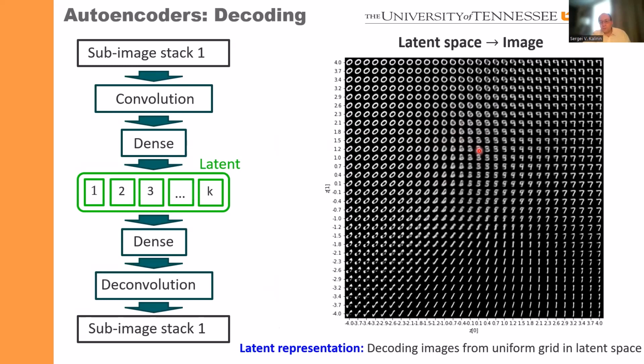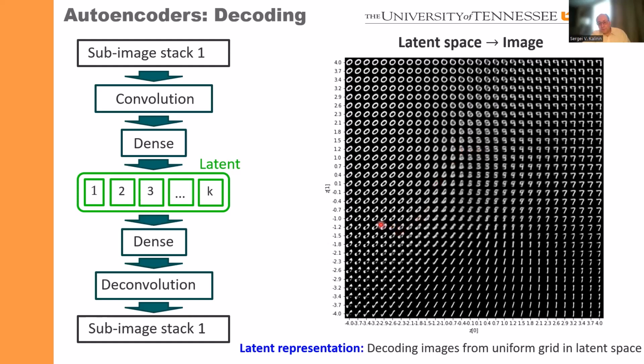And obviously, the most famous example of a generative model now is large language models. They use a little bit more complex technology than autoencoders, based on transformers, but autoencoders were one of the first examples of the generative model.